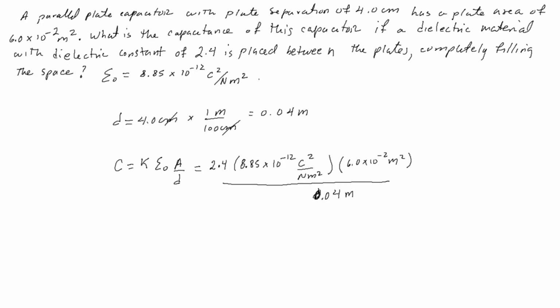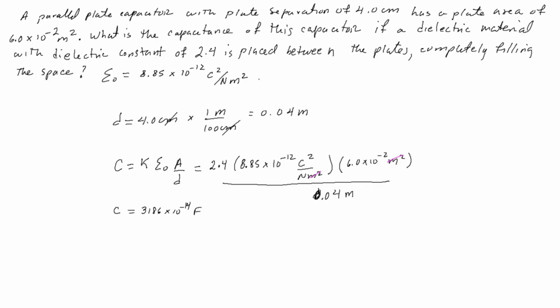So these meters squared are going to cancel out with these meters squared over here. And then when you do all these multiplications and divisions, you get 3.186 times 10 to the negative 14 farads.